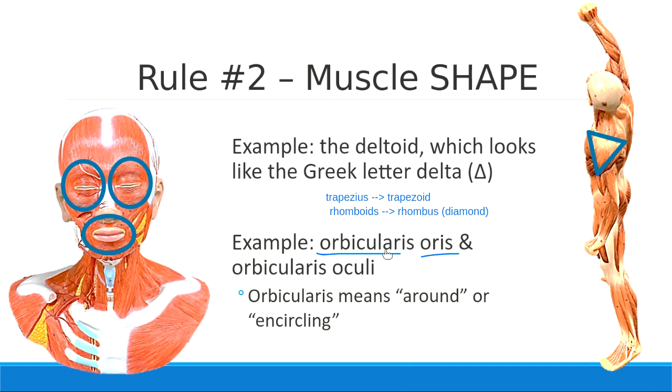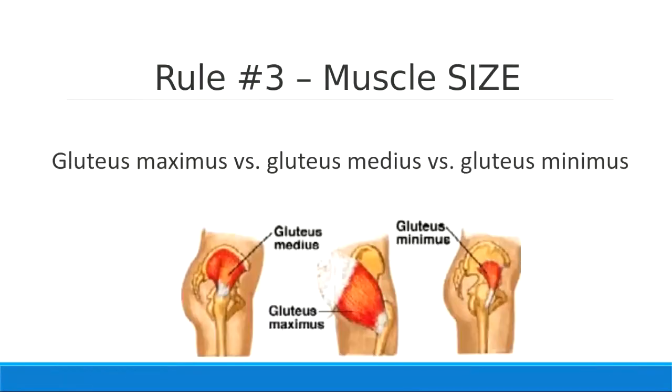So we can name things based on their location. We can name them based on their shape. We could name them based on their relative size. So remember the example we did with this was the gluteus muscles. We only learned about two of the gluteus muscles this semester, gluteus maximus and gluteus medius.